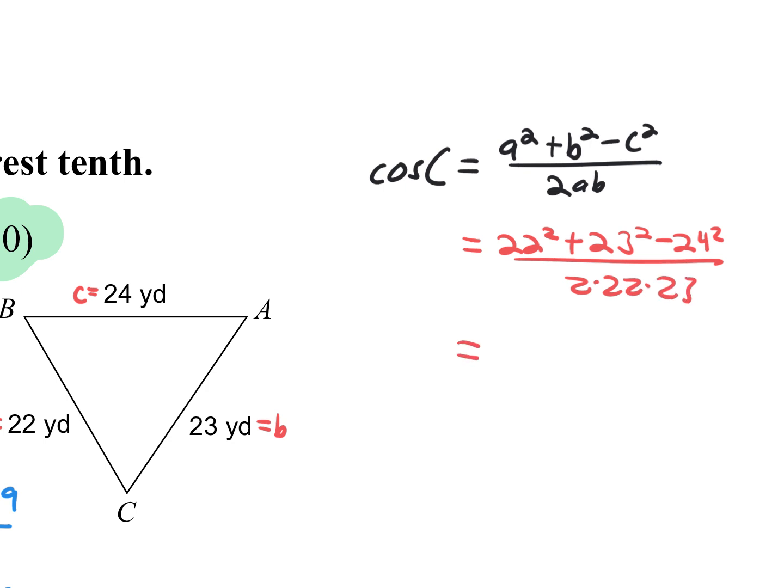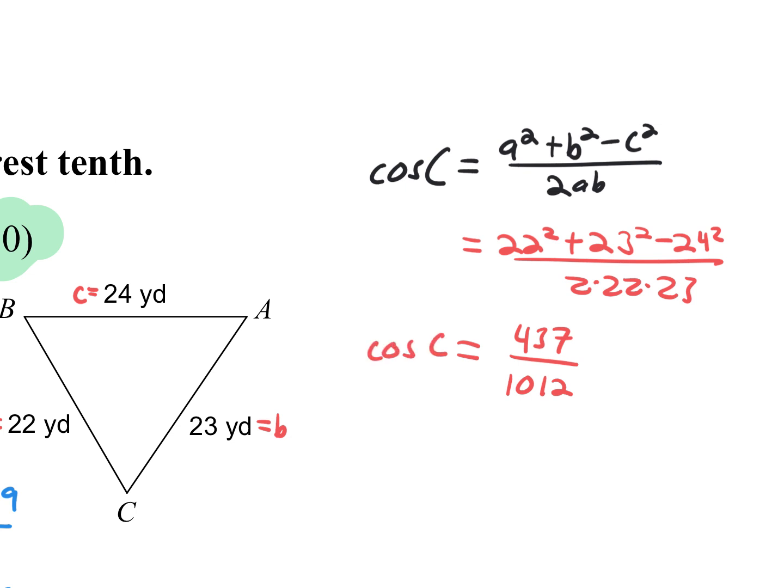Just to not make any mistakes in your calculator, I would put the entire top first and then the entire bottom. All right, so I do believe the top gets you 437. And then the bottom gets you 1012.